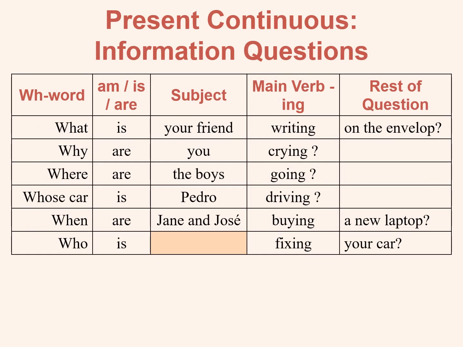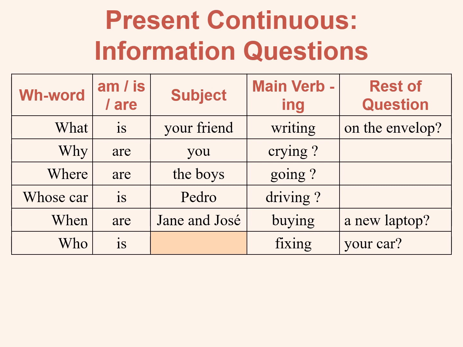To form information questions in the present continuous, we begin with an information word or sometimes words. Then we get the auxiliary am, is, or are, followed by the subject, the main verb in the ing form, and then the rest of the sentence if there is more material in the question.